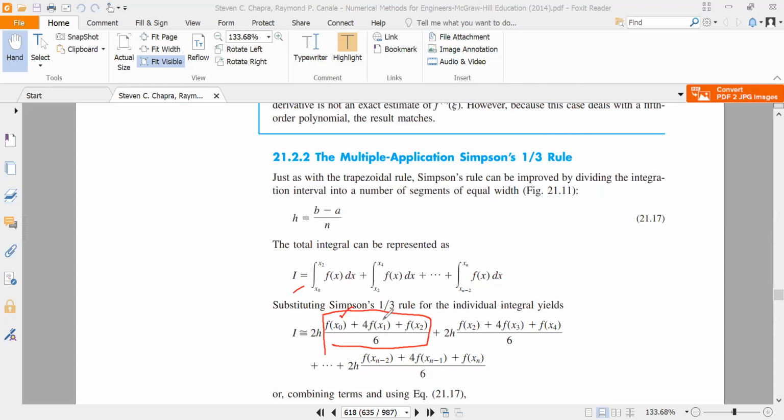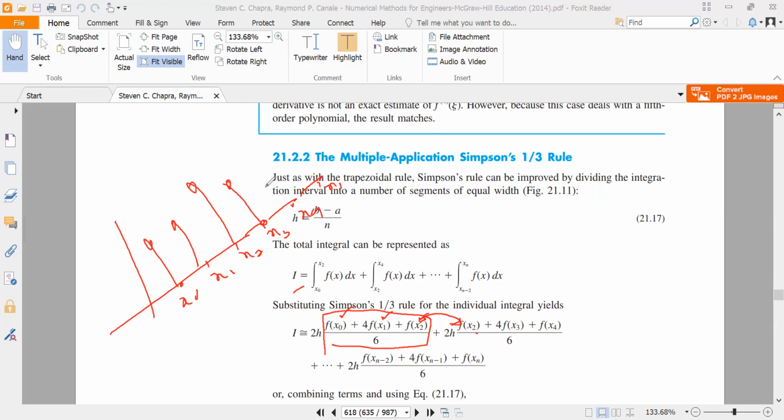One is x0, another is x1, another is x2. That means the end point of your first segment is involved in the second segment, isn't it? Otherwise, they will not be connected. This is your x0, this is your x1, this is your x2. Then another set of points is there, x3, x4, x5.